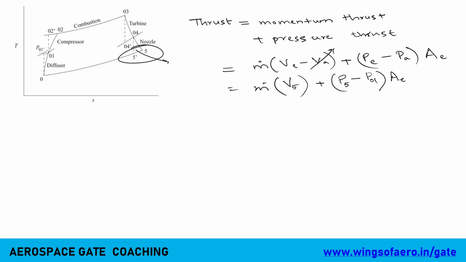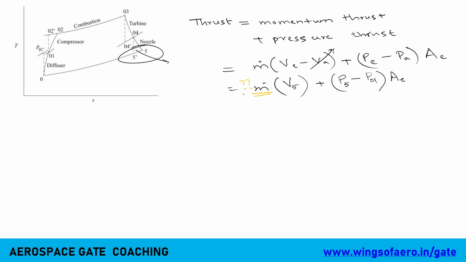Fine. Is it clear? So these are the data we have. Now let's have a look at our data. What data do we have? Whether they have given mass flow rate, yes or no. Any data with a mass flow rate?